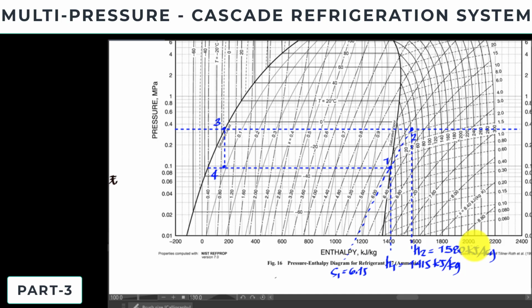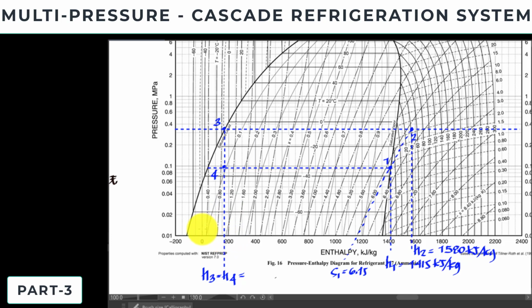Then, for my enthalpy 3, I can estimate this one using this also directly na natin estimate yan. And we can plot this one here. So, I have my enthalpy 3, which is equal to my enthalpy 4. And this is equal to, so this is already 200 now.